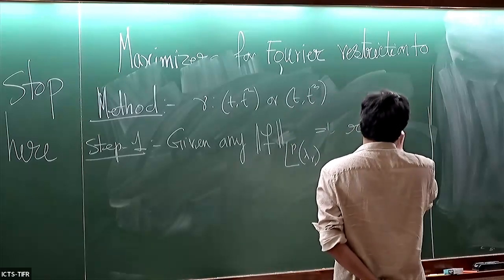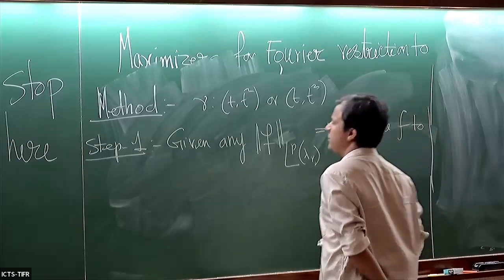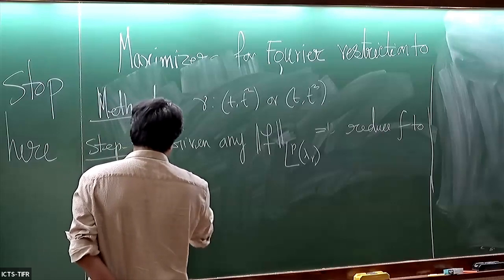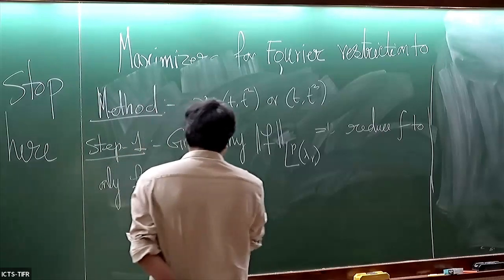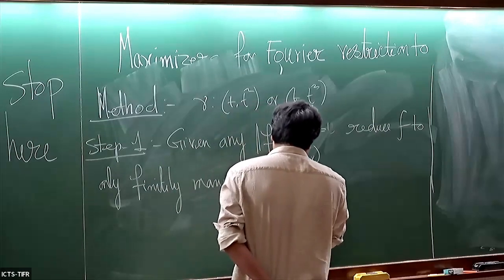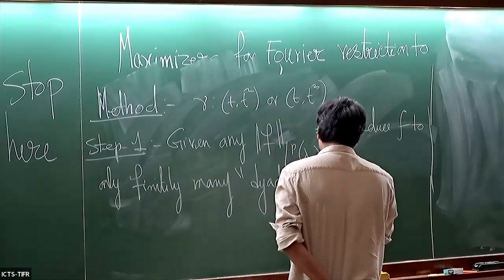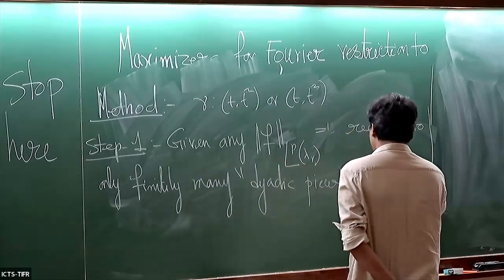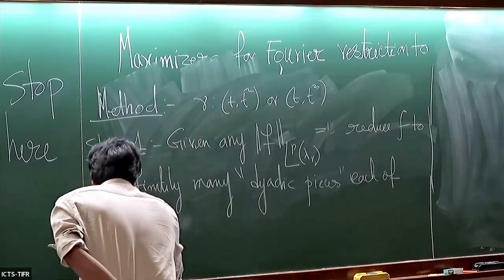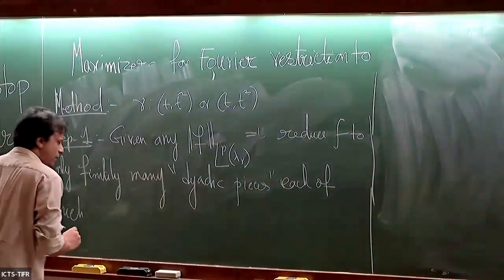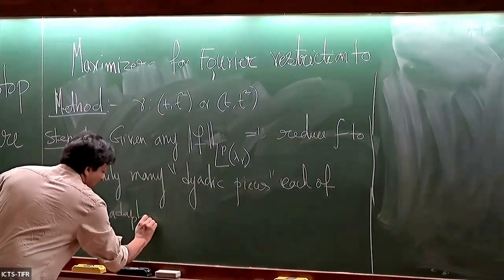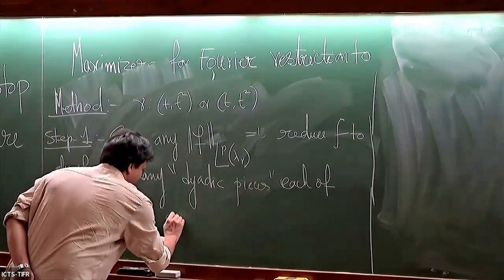reduce f to only finitely many dyadic pieces, each of which is adapted to an interval.